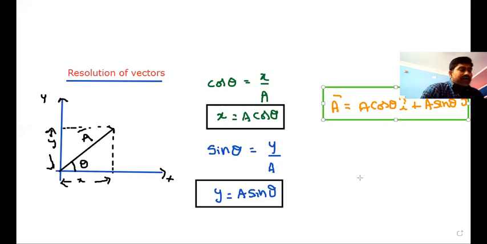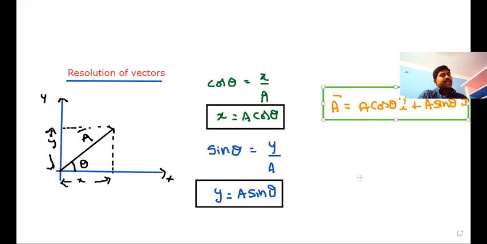That means if only the vector magnitude a is given, and also the angle it makes with the x-axis or y-axis, then you can write the whole vector as a bar equal to a cos theta i cap plus a sin theta j cap.